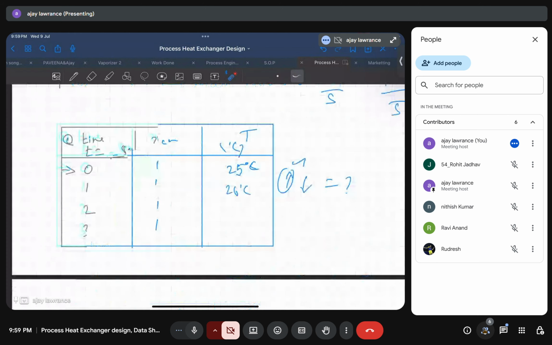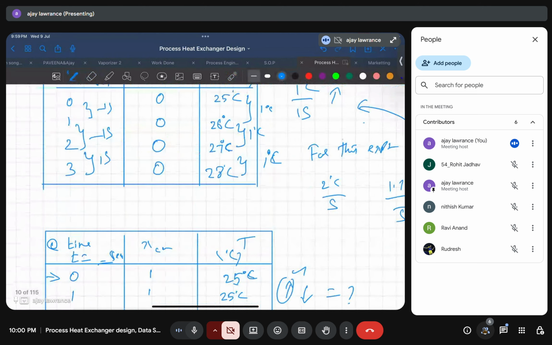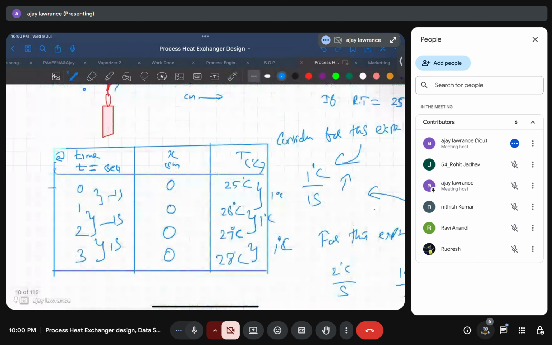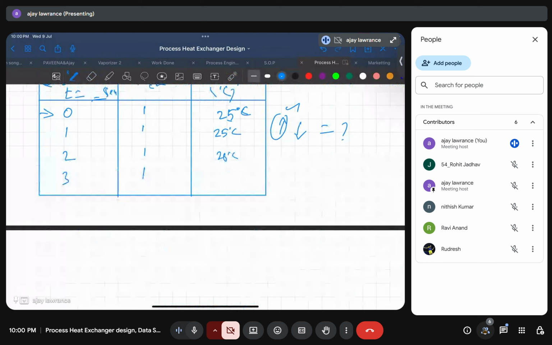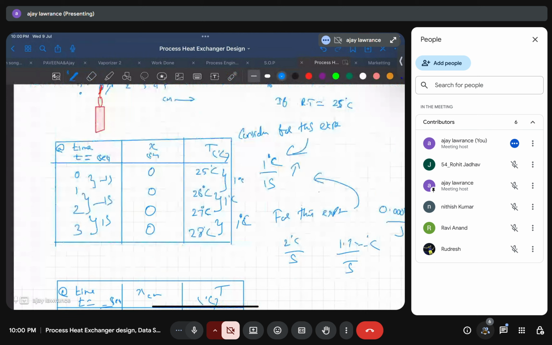Because of that, here also it will be 25 degrees Celsius only, right? So at t equal to 2 seconds, it will be 27, like that only, because we have assumed 1 Celsius per second.